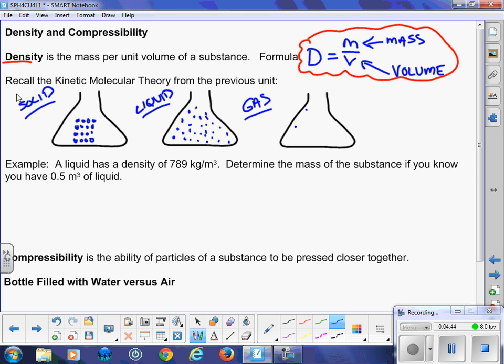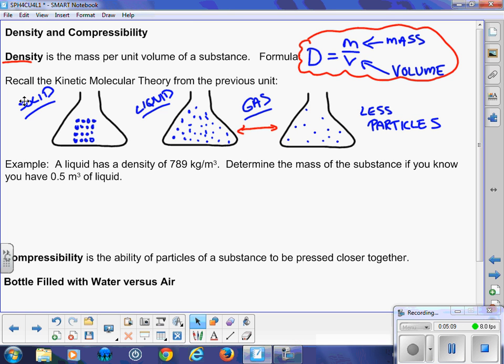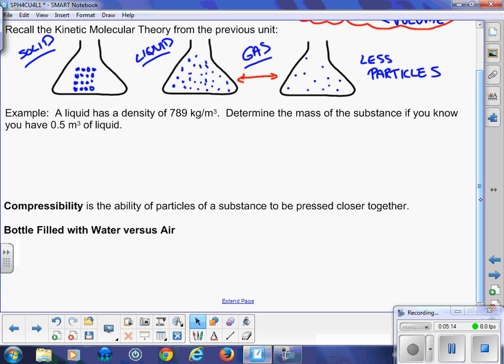It would spread out as well, but in order to fill the flask, we need many fewer particles. That's why these two are closely related when we talk about pneumatics and hydraulics. They have similar properties, and really a liquid is a form of fluid for us.